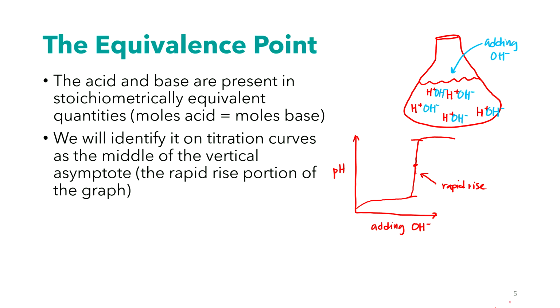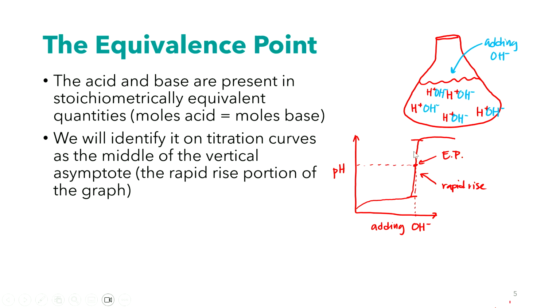In the middle of that rise is our equivalence point. All of a sudden we go from acidic, acidic, acidic, and then boom, we switch over and now it's basic. We went through the point where we had equal amounts of H+ and OH-. That's the equivalence point. If I give you a graph like this, you can identify the mLs I needed to add to get to that EP, or the pH at that equivalence point.